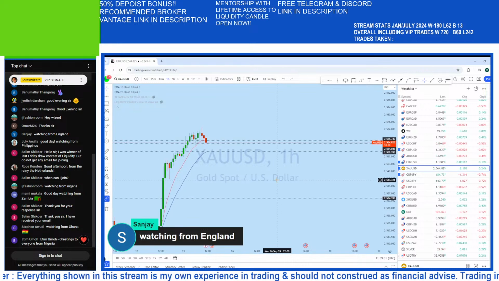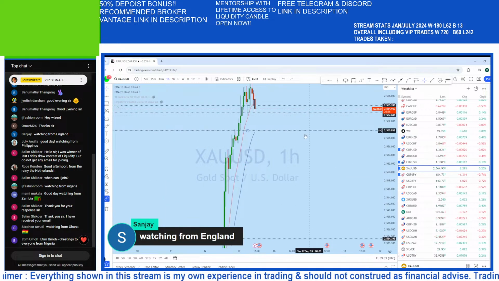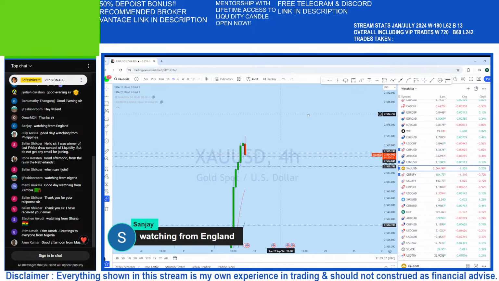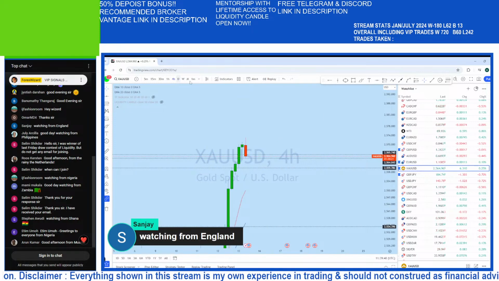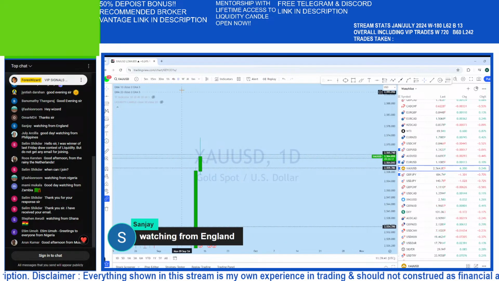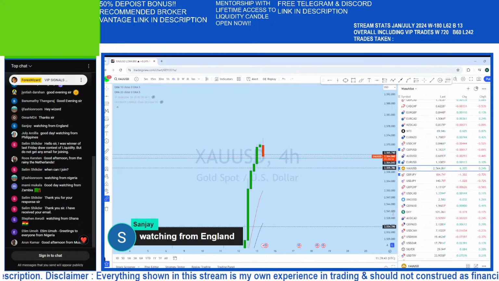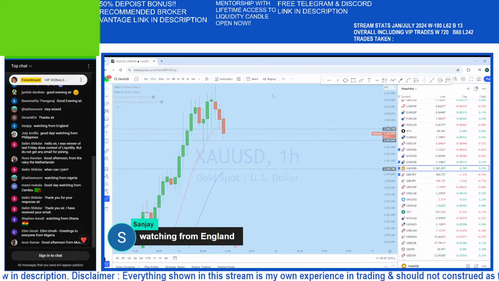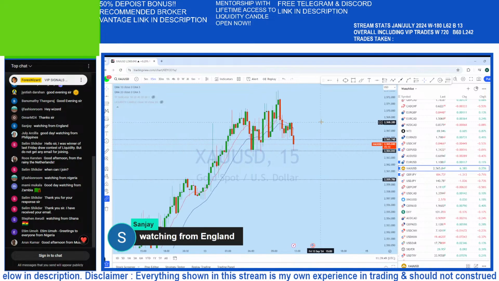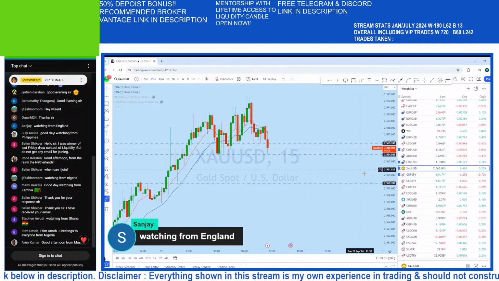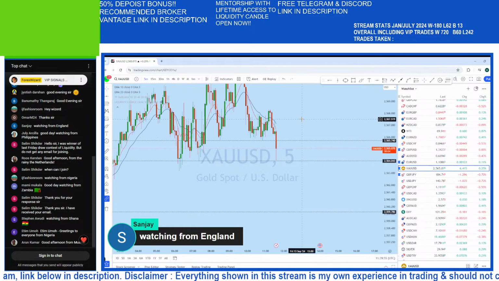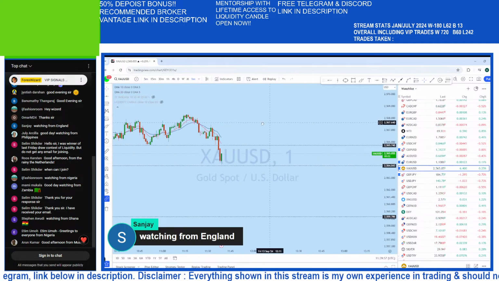Now gold looks impressive at the moment to me. It's coming to a level where there is high liquidity. If you look at the daily, it's coming to the daily support on the 4 hour, and if we look at the 1 hour, 15 minutes. So what we can expect in this instrument, this is the 5 minutes and the 1 minute chart.